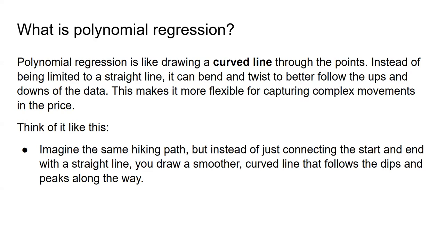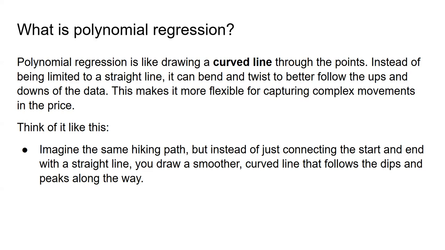Instead of that, sometimes the market will be very choppy, it goes up, down, and all those things, and then it becomes very difficult. So it draws this polynomial regression by its mathematical calculation. It can bend and twist to better follow the ups and downs of the data. This makes it more flexible for capturing complex movements in the price.